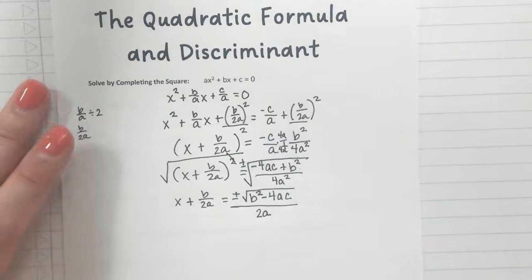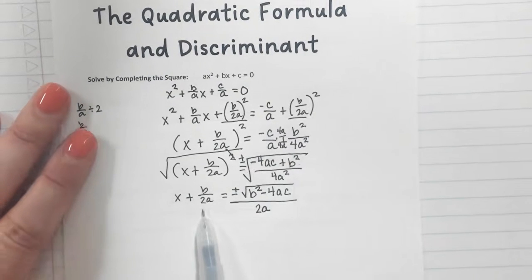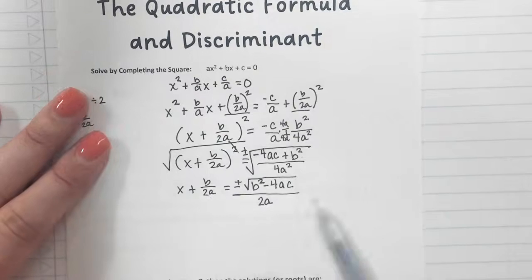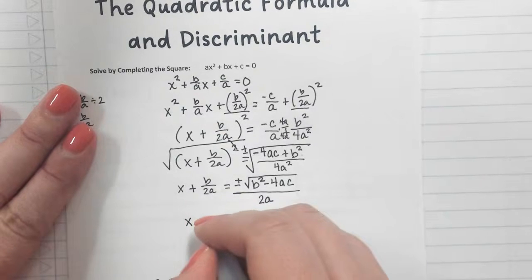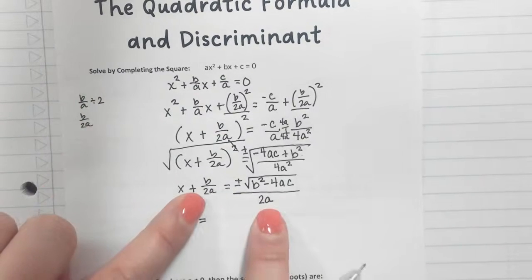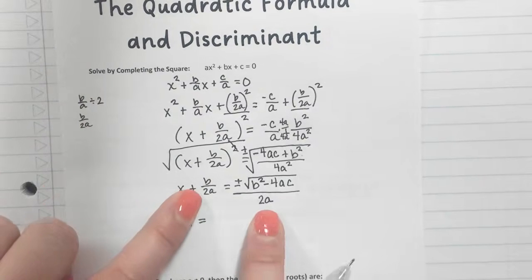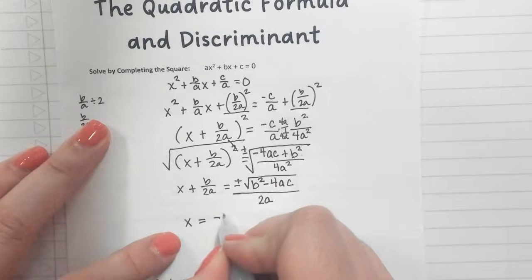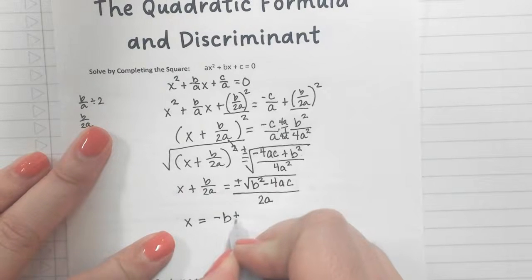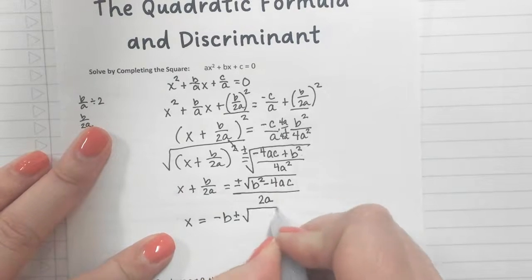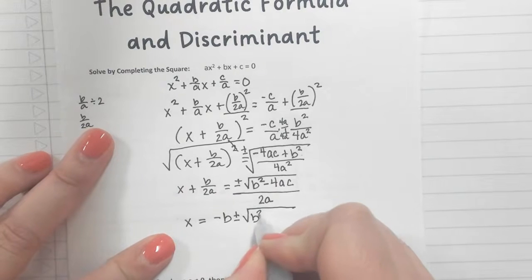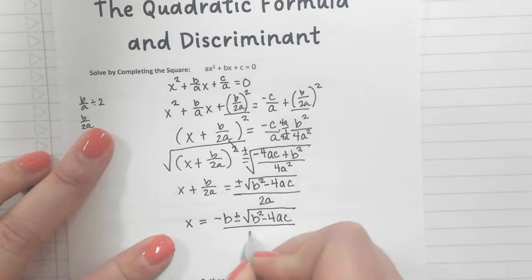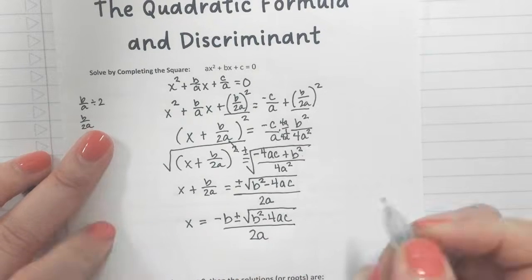So next, the only thing left to do is get your x by itself, so we can subtract b over 2a. And since I have common denominators, I can just do all over 2a, right? So if I subtract b, it'll look like negative b plus or minus square root of b squared minus 4ac, and the common denominator is 2a, all over 2a.